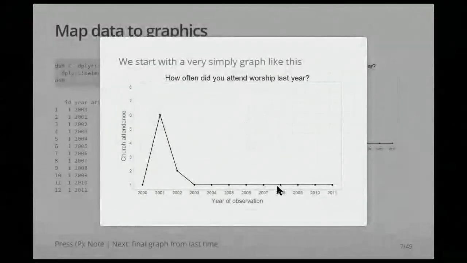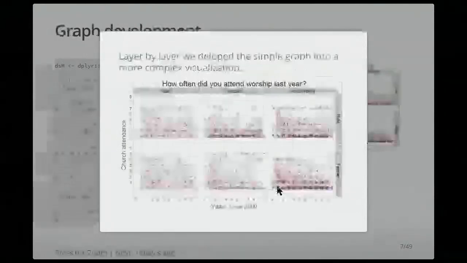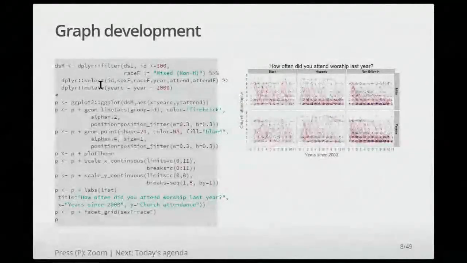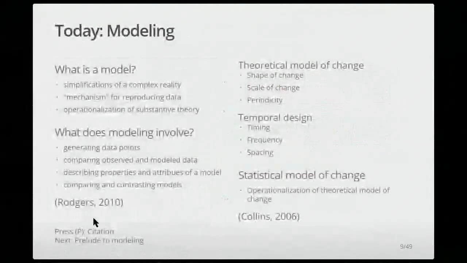We started with a very simple graph like this, and layer by layer, we developed the simple graph into a more complex visualization. And our second lecture went into detail on how exactly we accomplished these transformations, right? And this is the code that we ended up with, the final graph.